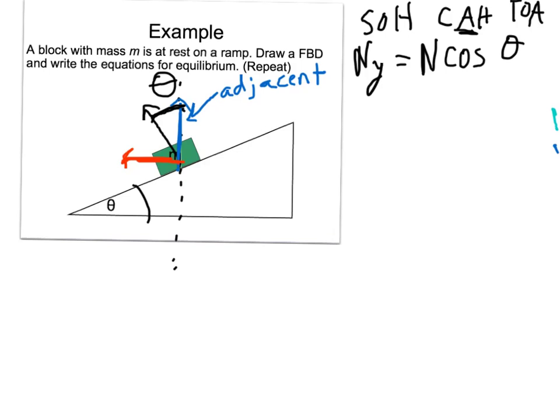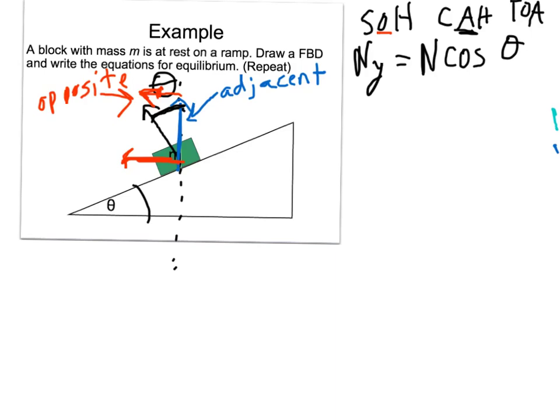I also see that if I brought up the x part to right here to complete my triangle for the vector, the x component is opposite the angle, and when I have an opposite, I use sine.